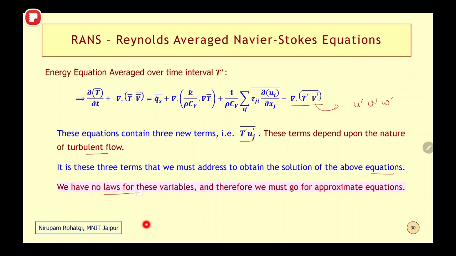We have no laws for these variables, and therefore we must go for approximate equations. If the 2 balls are going to strike, we don't know at what angle they are going to strike. So in a way, we don't have any equation or any information about these fluctuations.